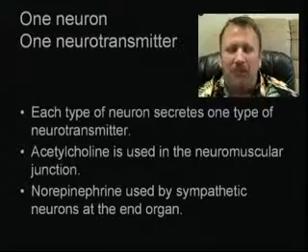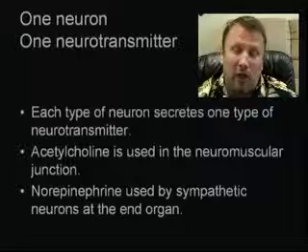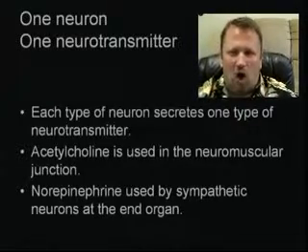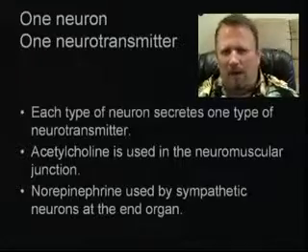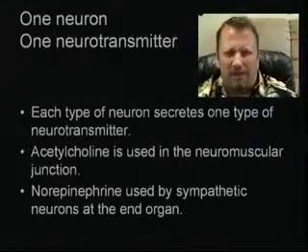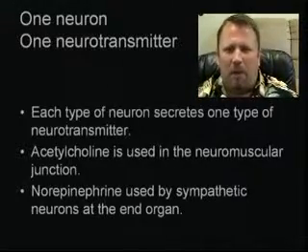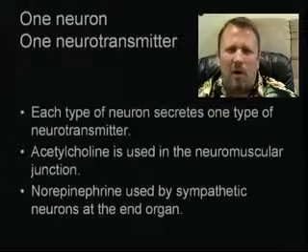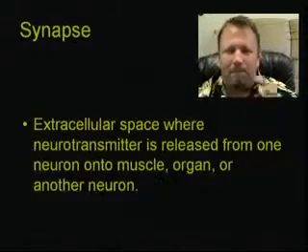And norepinephrine is going to be used by the sympathetic neurons at the end organ. So the sympathetic neuron that innervates the heart and speeds the heart rate up, that's norepinephrine. At least in this course, you might read that teeny tiny amounts of epinephrine are involved, and that's because the catecholamines are a family. But for this course, one neuron, one neurotransmitter, and you'll be doing just fine.